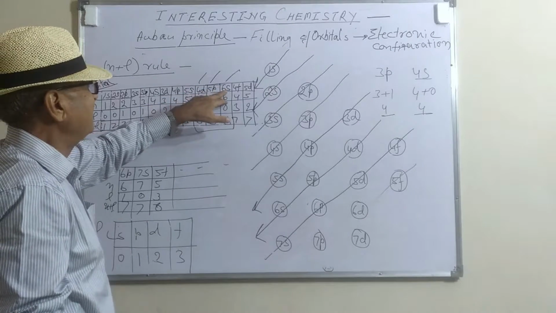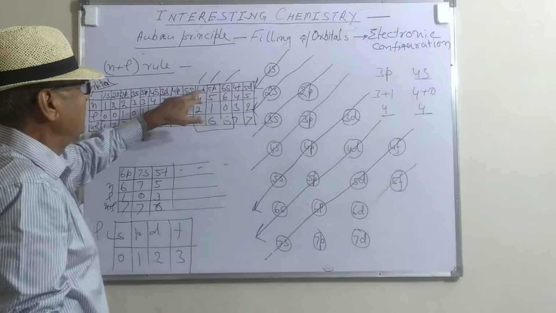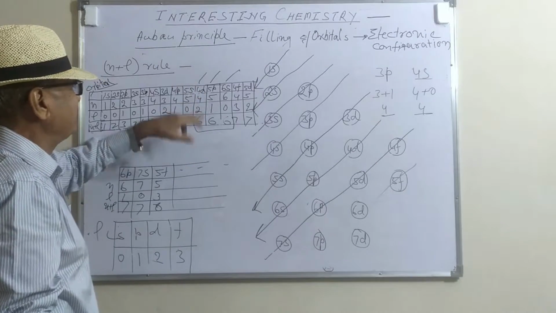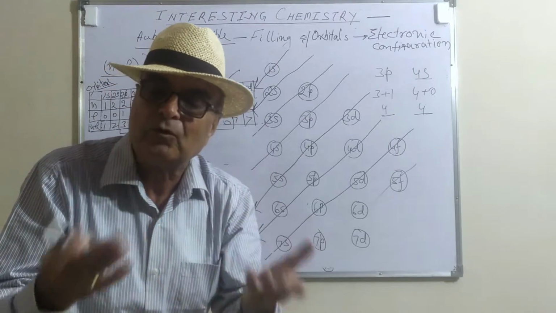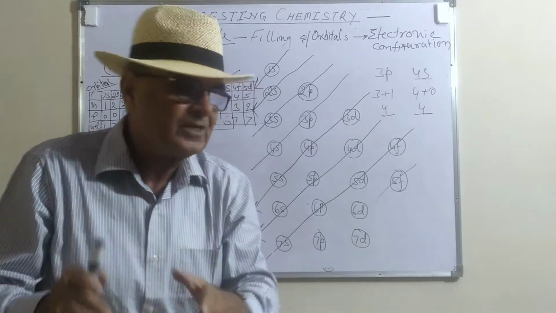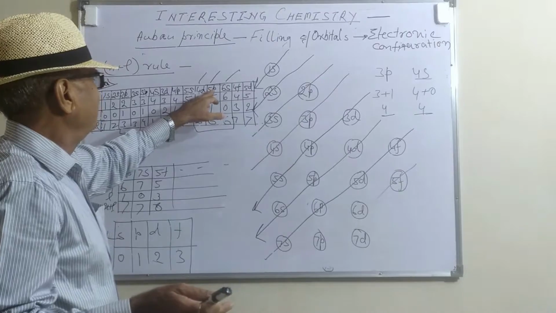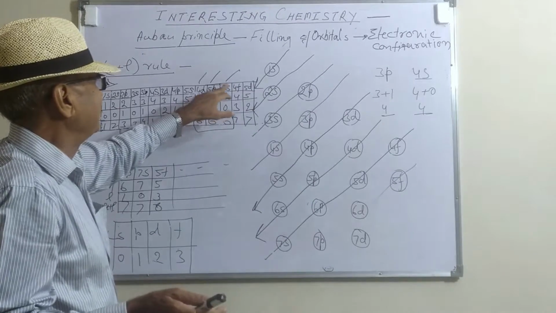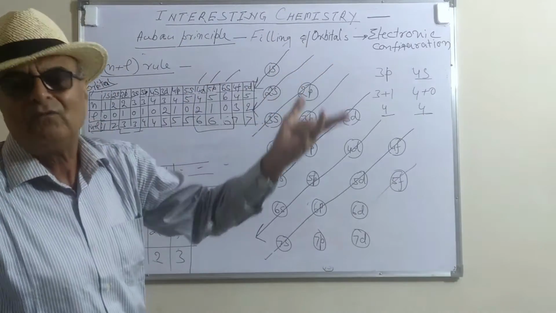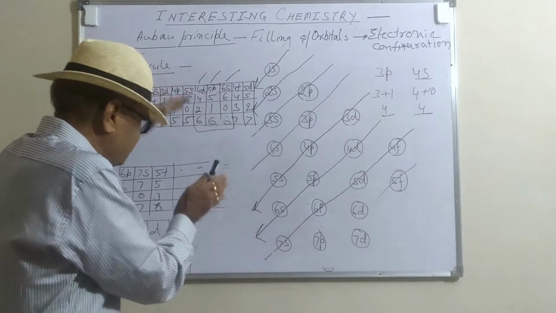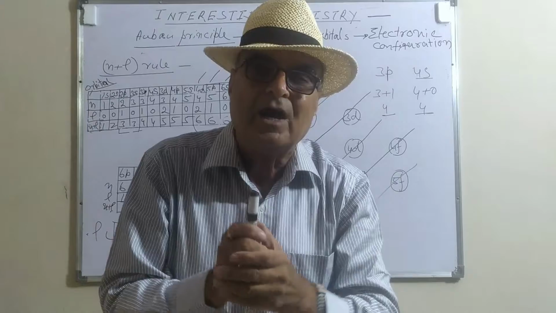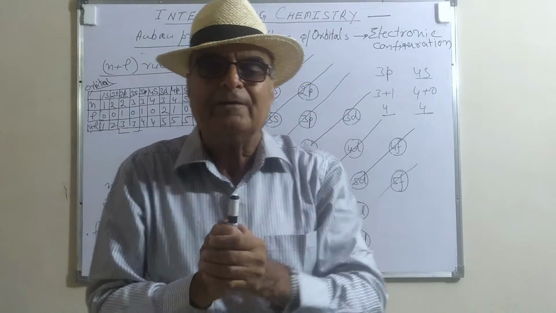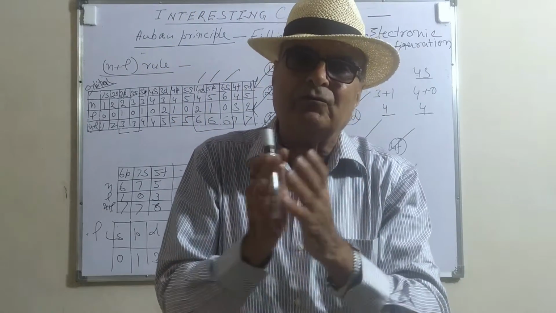The value of 4d is least, so the 4d orbitals will be filled first, then the 5p orbitals, then the 6s. In this way, this is the chart, this is how you write the electronic configuration.